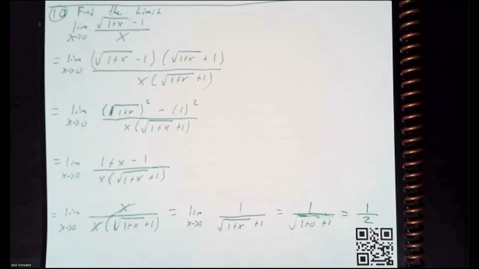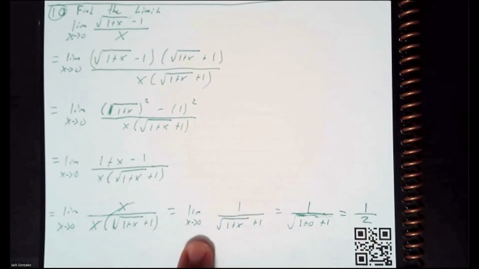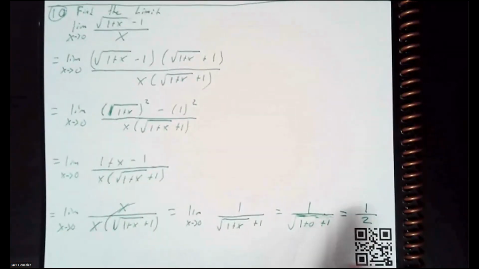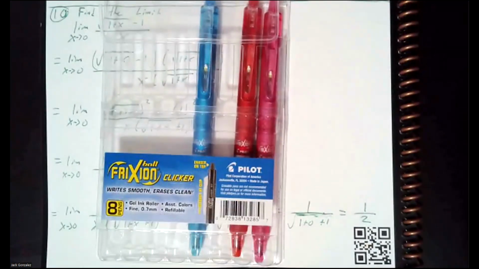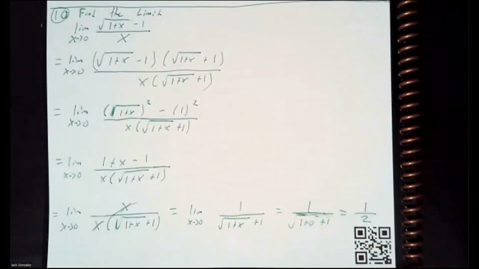Yes, Professor. Yeah, I ran out of space, so I couldn't show any more steps. But I like these notebooks because you can wash them away or erase them. And if you scan them, you can create PDFs and send them to yourself, which is what I post. These are the little pens you can buy. It's called Frixion. I actually ordered those because they're very helpful.